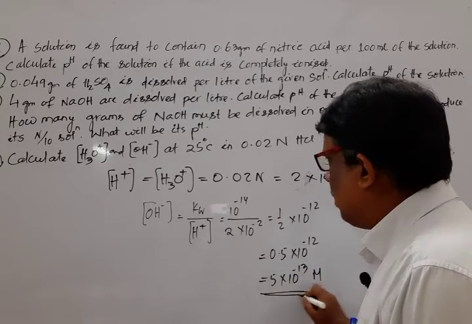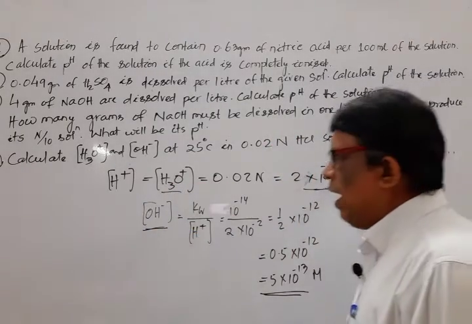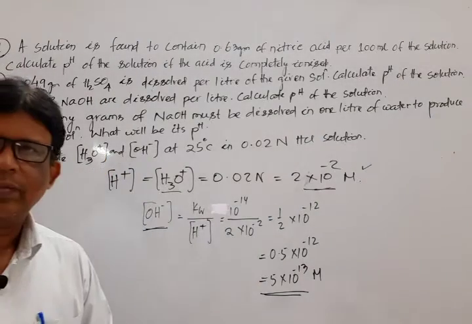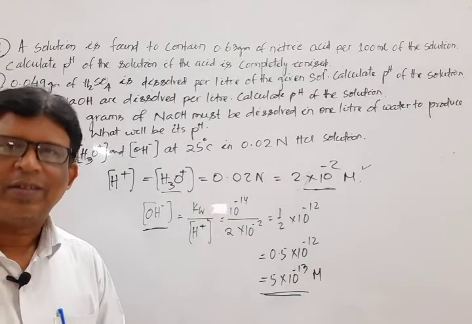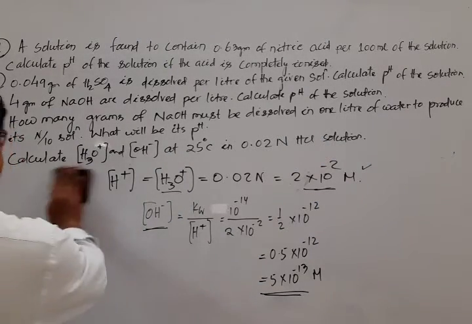It is the OH minus ion concentration, and the other is the H3O plus ion concentration of the solution. Okay, good. Move to the next question.